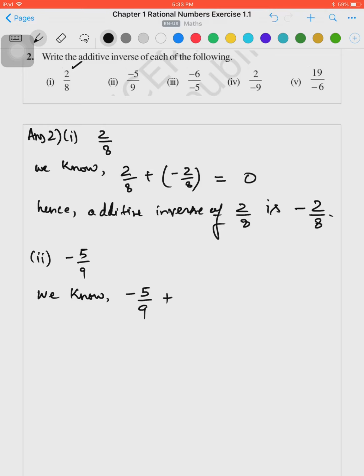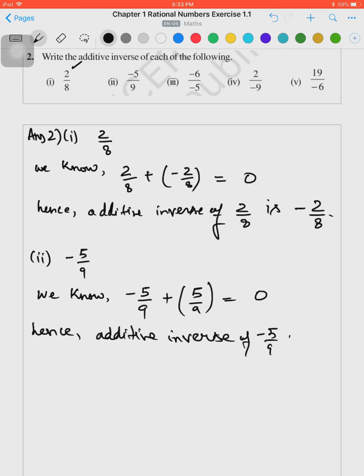The negative of minus 5 by 9 will be 5 by 9, so this will result in 0. So write, hence, additive inverse of minus 5 by 9 is plus 5 by 9.